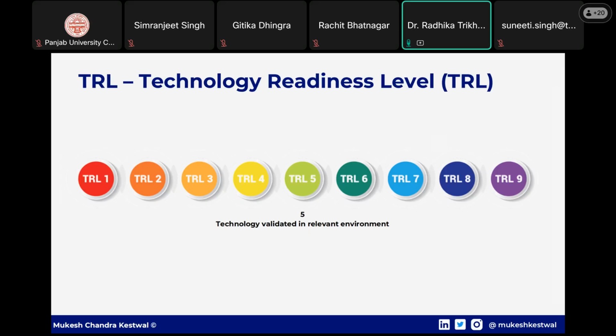So they are called your relevant environment. आप उन relevant environment के पास जाओगे और अपनी टेक्नोलॉजी को शो करोगे और वो आपको सर्टिफिकेशन प्रोवाइड करेंगे। That is your TRL 5.